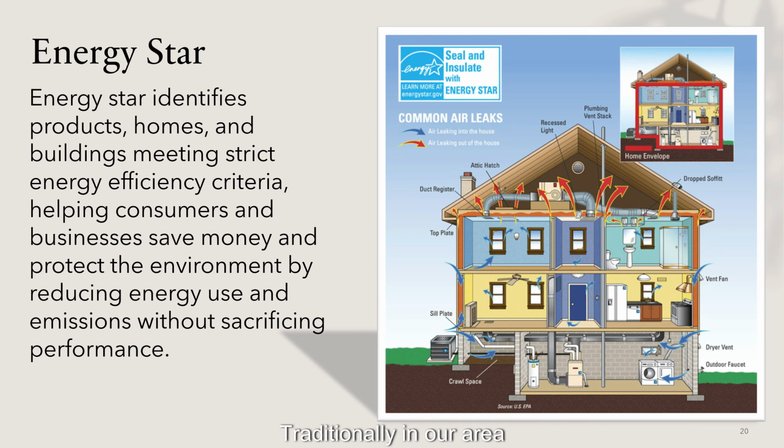Traditionally in our area, you're going to find a 3-ton air conditioner and about an 80,000 to 100,000 BTU furnace. Same area, same house, Energy Star rated, you may be in the 40 to 60,000 BTU range for a furnace, to 24,000 BTUs for an AC for an entire same size house. It's crazy how much sealing, closing things off really does to help the efficiency of a home.